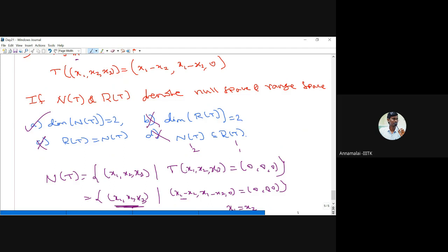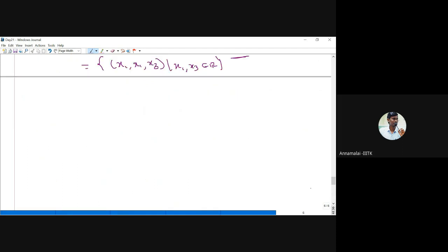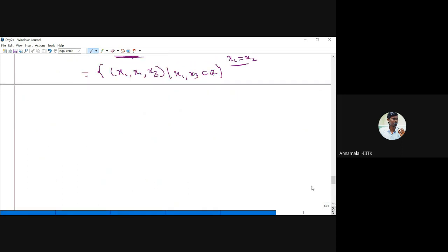Okay, now another question. Suppose rank of AB is 1, then what about the rank of BA? Suppose A and B are 3 by 3 real matrices, the entries are real numbers, and the rank of the product AB is 1.